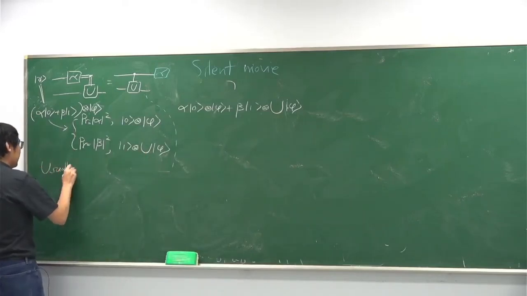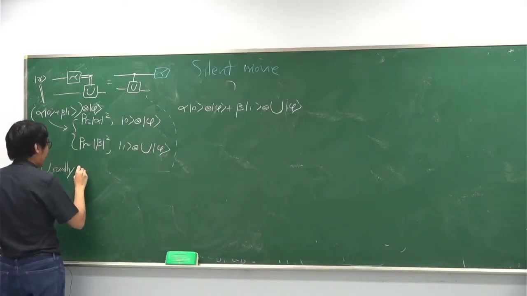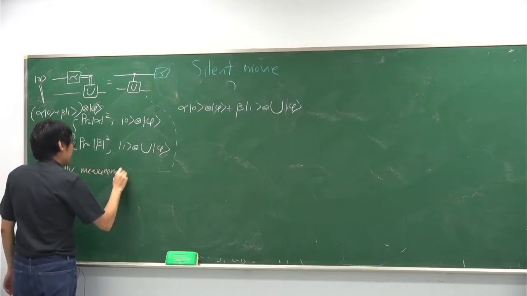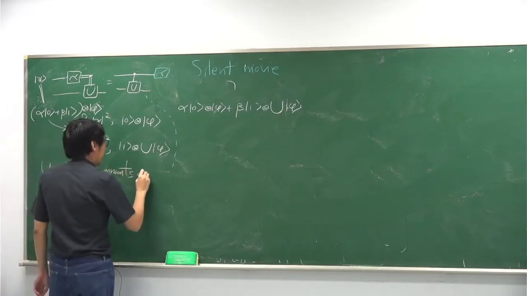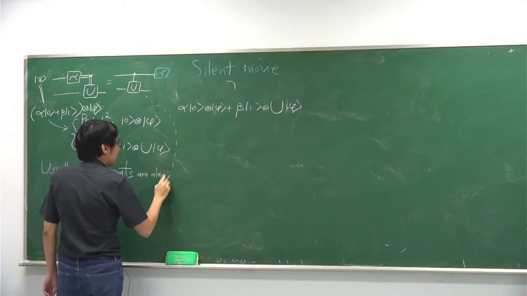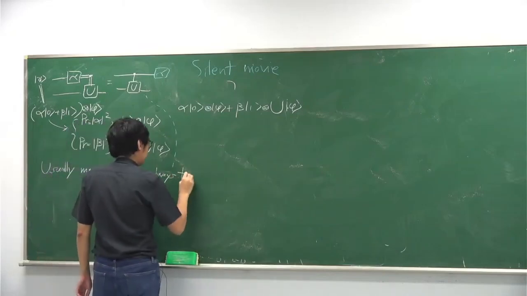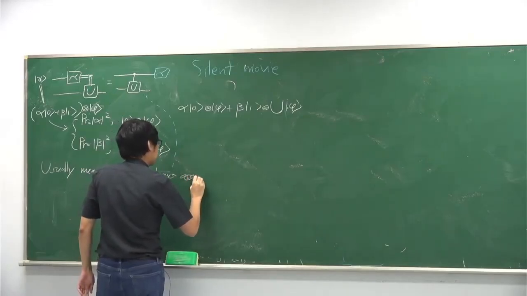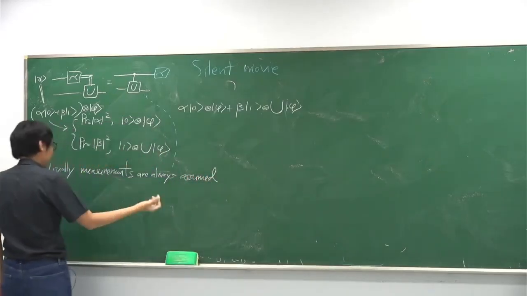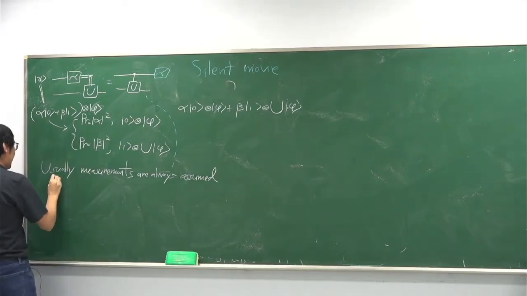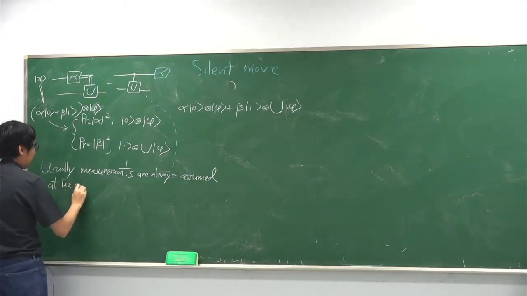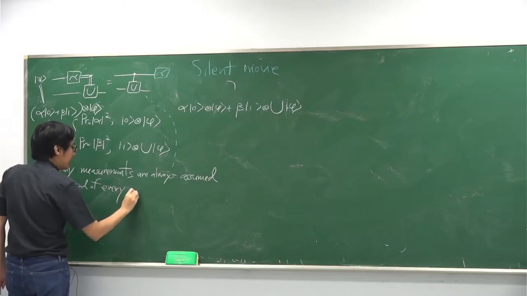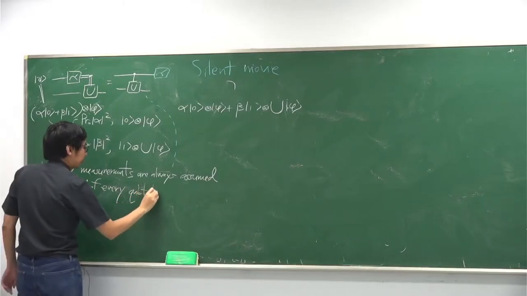Usually, measurement is always assumed to happen at the end of every qubit line.